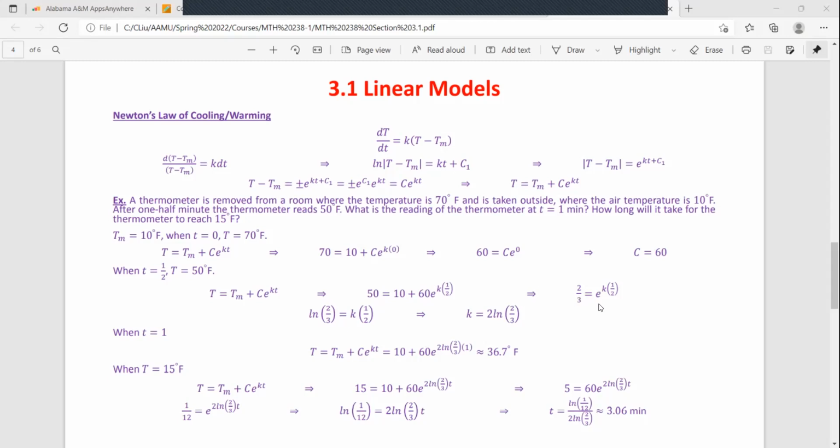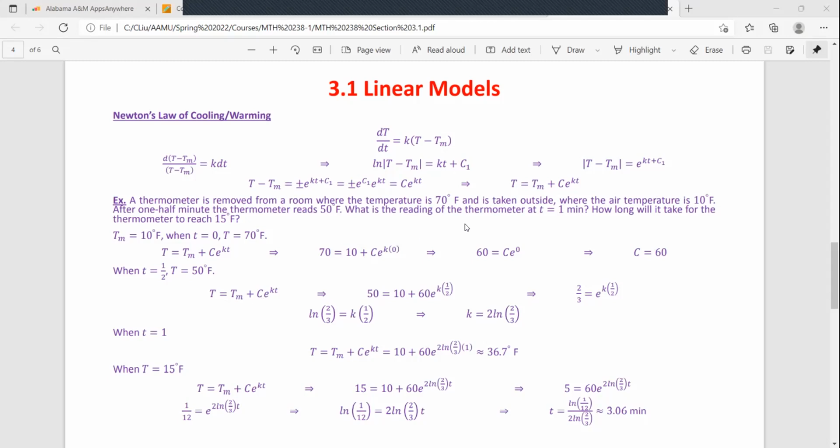That equals e to the k times half. So now you take natural log on both sides, you get natural log 2/3 equals k times half. So then multiply by 2 on both sides, you get k equals 2 times natural log of 2/3. So we fixed the k in this solution.